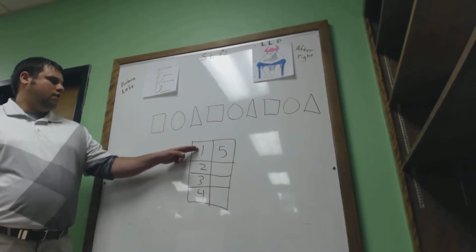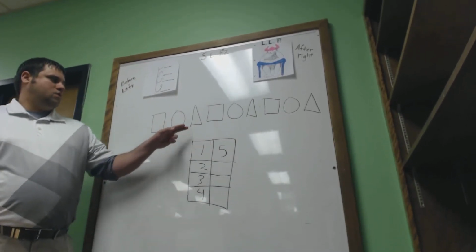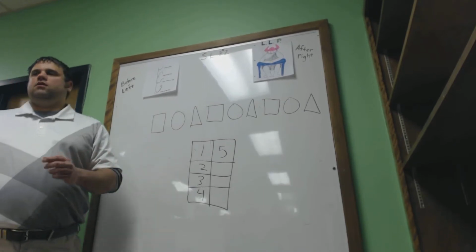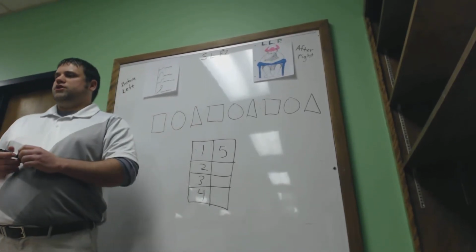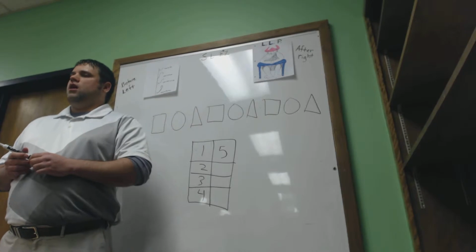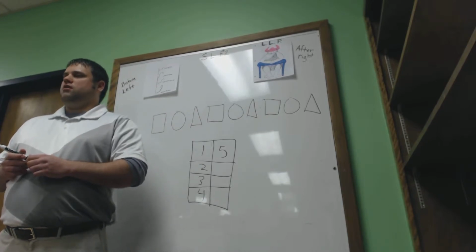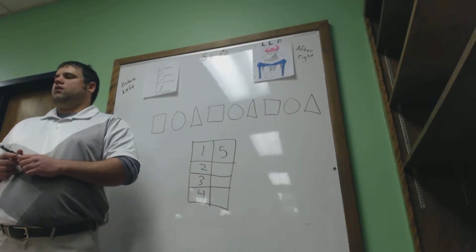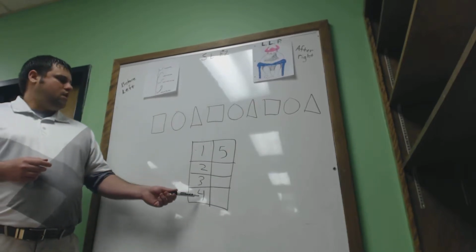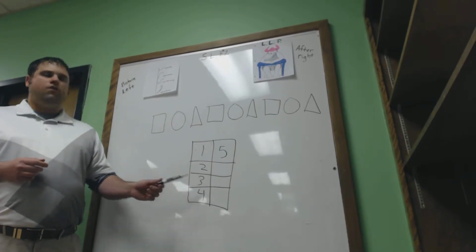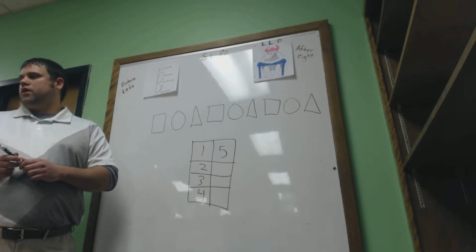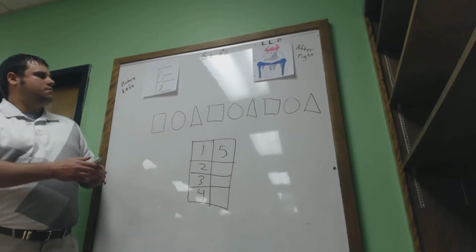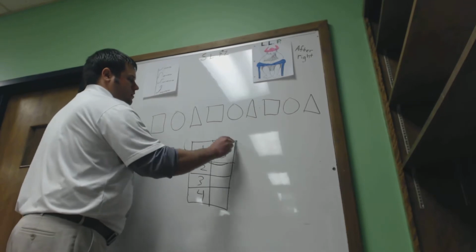Okay, you had 1, and then you had 5, and the story problem said something like this. Mr. H, for every person, gave 5 cookies to that person, okay? And then it asked, how many cookies would he need for 4 people, okay?